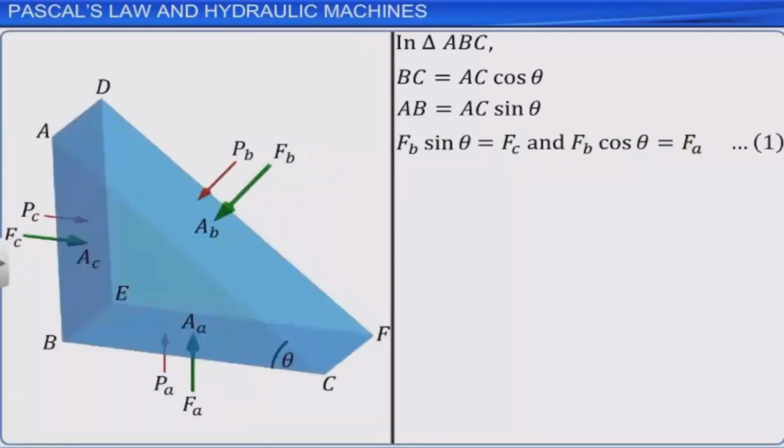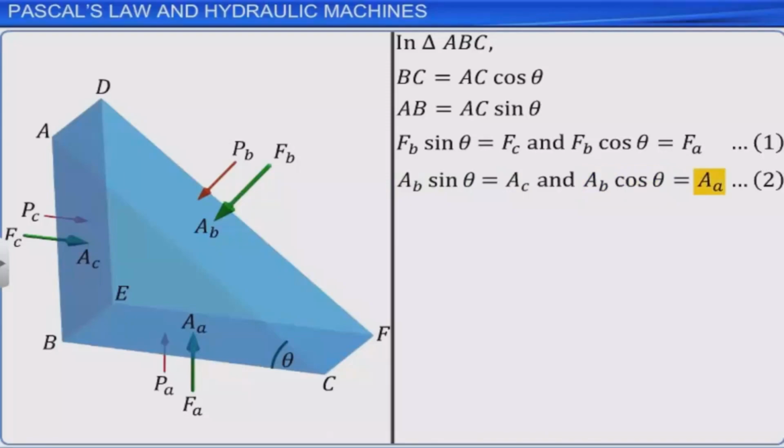As the thickness of the prismatic element is constant, the areas of the three sides of the prism can be expressed in terms of the trigonometric ratios as shown for the forces, given by equation 2, which is AB sine theta is equal to AC and AB cosine theta is equal to AA.